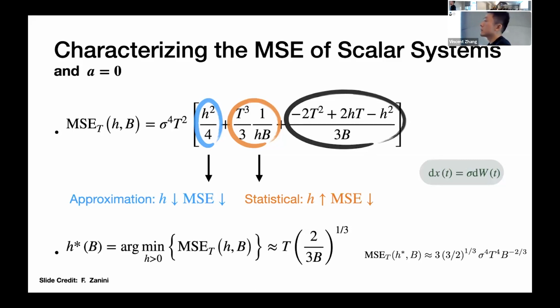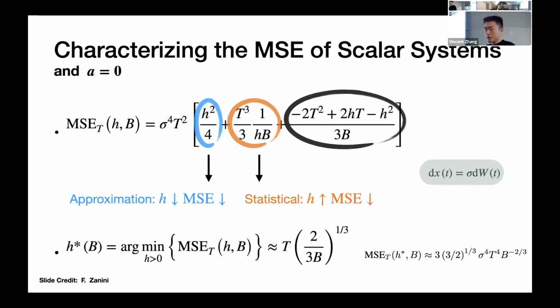The terms without H are just fixed when you are given a fixed data budget, so we don't really care about them. And the rest are asymptotically smaller, so we're not too concerned. But yes, in the non-asymptotic regime we need to be cautious, and I will show some bounds that would help characterize that. Is that answering your question?